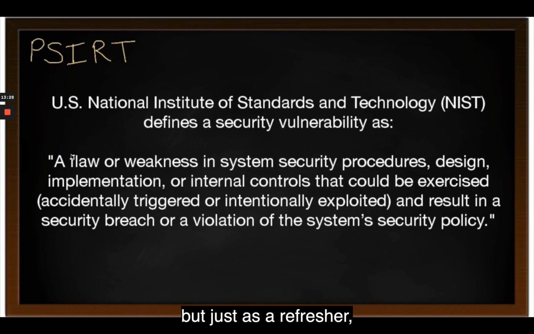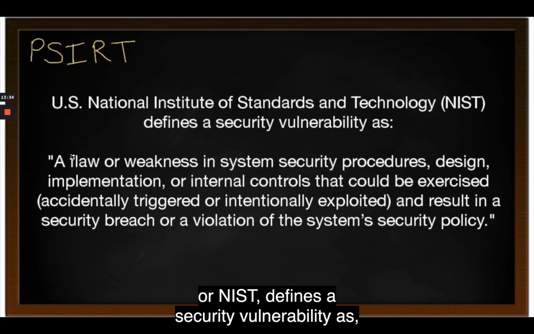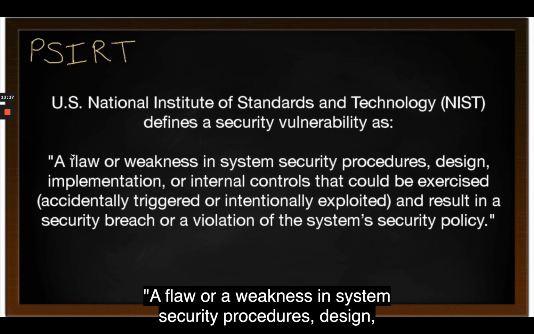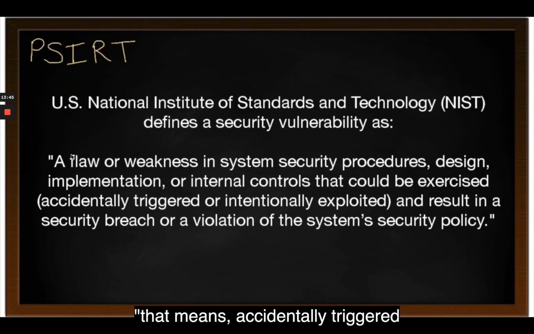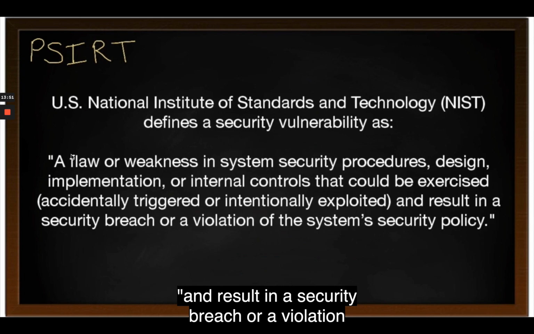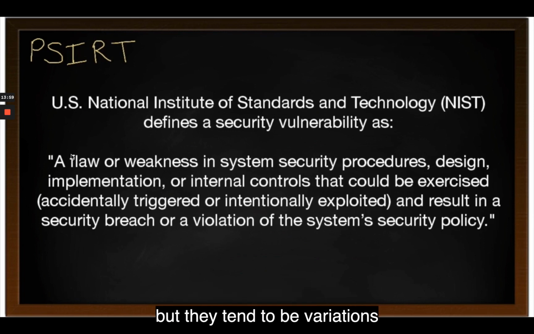Just as a refresher, the National Institute of Standards and Technology, or NIST, defines a security vulnerability as a flaw or a weakness in system security procedures, design, implementation, or other internal controls that could be exercised, that means accidentally triggered or intentionally exploited, and result in a security breach or a violation of the system security policy, right? There are tons of other definitions out there, but they tend to be variations of the one that NIST provides and the one that I quote here.